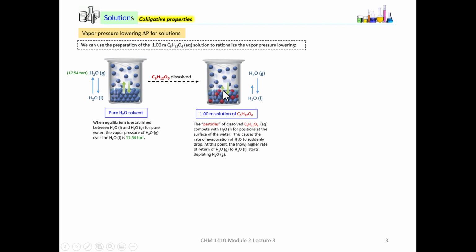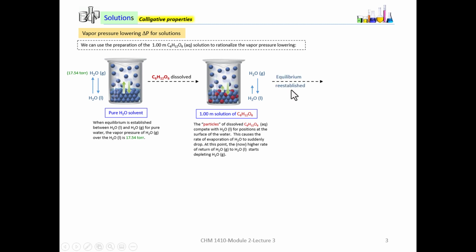And what that does is, for a short period of time, we don't know exactly how long, the condensation of water vapor is faster or occurs at a higher rate than the evaporation of liquid water to the vapor. And so what you start doing is depleting the vapor phase here of water molecules.